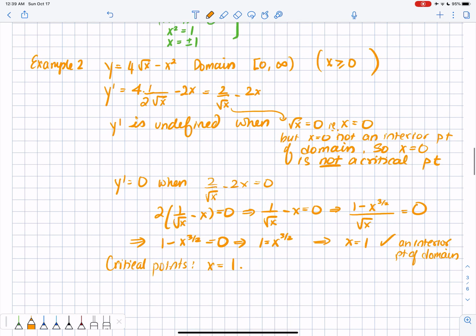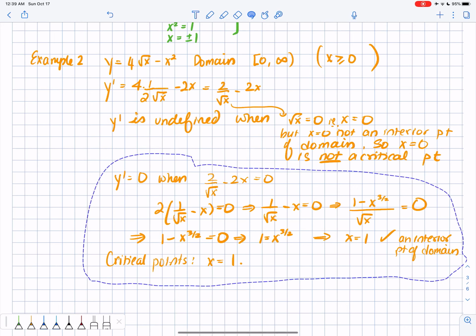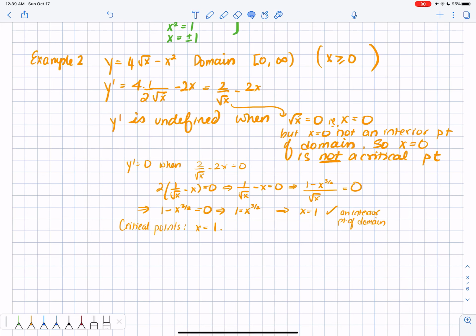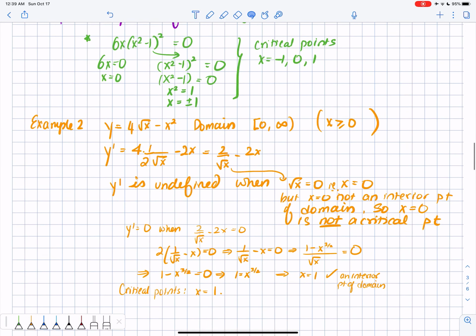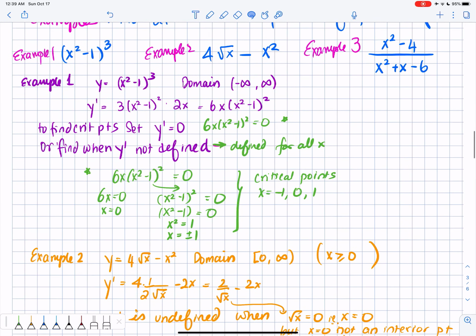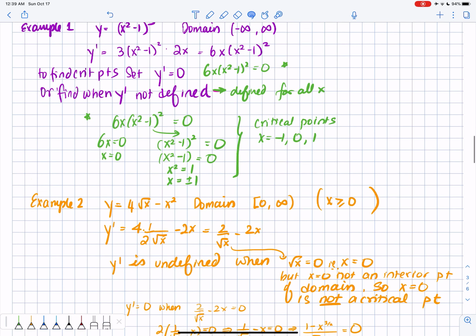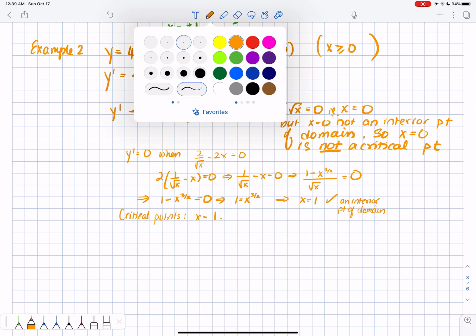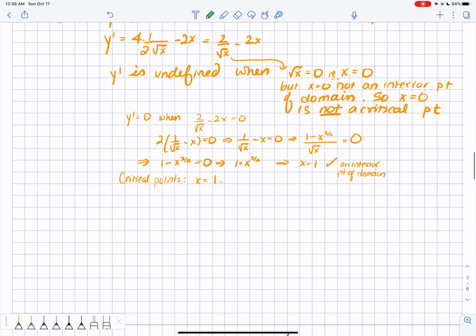And now let's look at the last example. That is x squared minus 4 over x squared plus x minus 6. Let's do this.